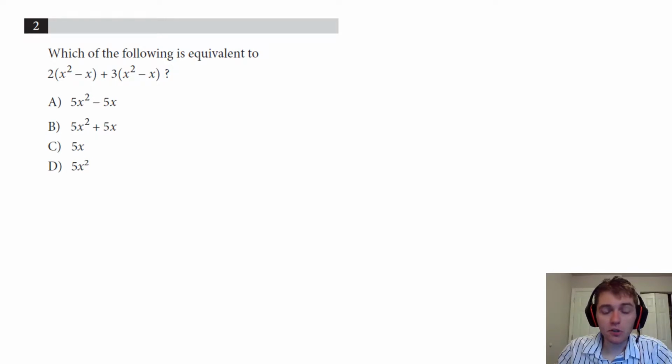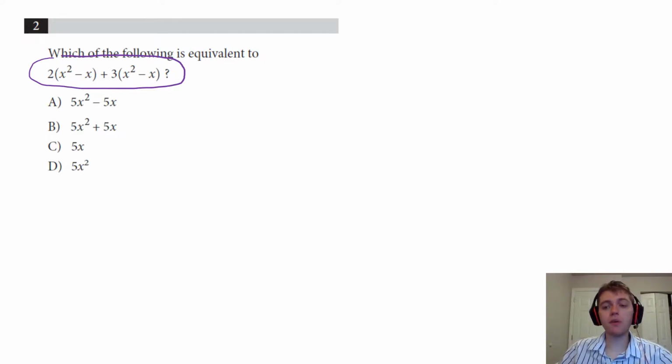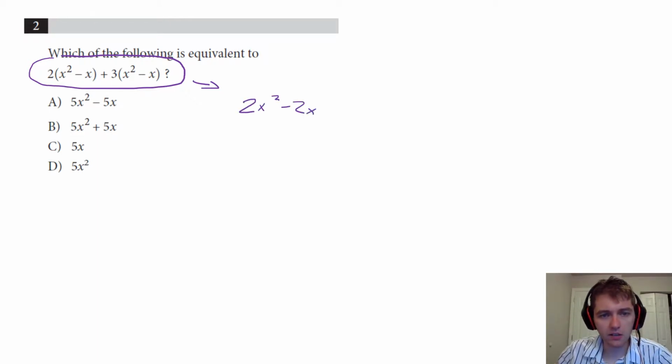Problem 2, which of the following is equivalent to this expression that they give here? And the key is to recognize that you have terms that are not simplified. So first go through, simplify your expression, see if that gets you the answer you want. So multiply 2 through that first parentheses, you'll have 2x squared minus 2x.